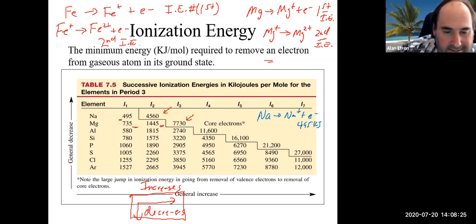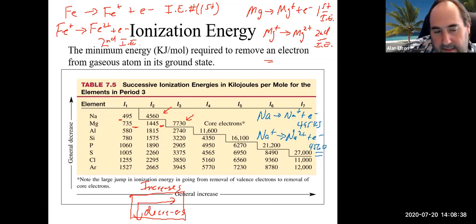Now our second one, where this guy would drop off another electron, become Na2+ and an electron, is now 4,560. And you may remember when we talk about sodium, it normally makes a +1 charge always.